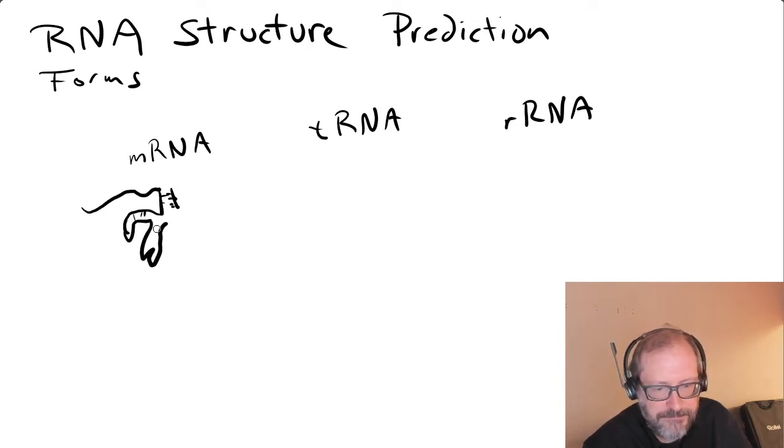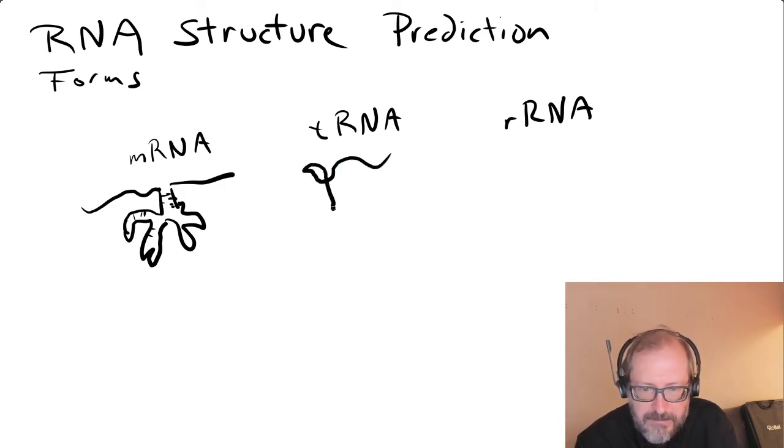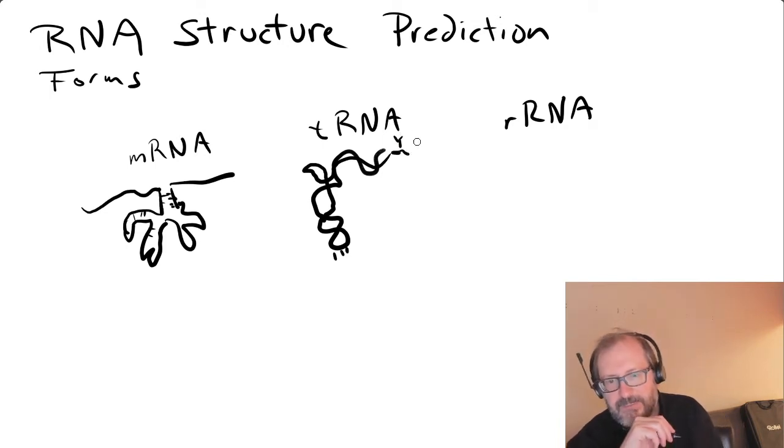And of course, the introns get cleaved out. It's only the exons that remain. tRNA, you may recall, very roughly looks like this, and it's got an anticodon over here which reads the mRNA, and over here, if it's charged, it'll be carrying some sort of amino acid.